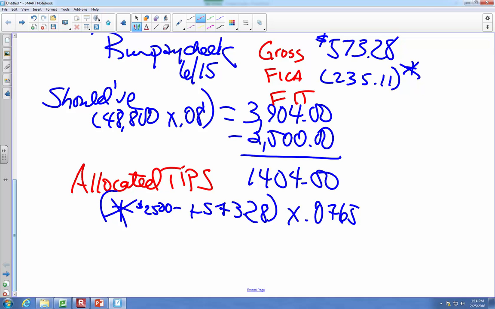You don't know how to calculate FIT yet, but when we go do it, are you going to calculate it on 573 or 3,073.28? 3,073.28. The only place an employer has to get your taxes is out of what?